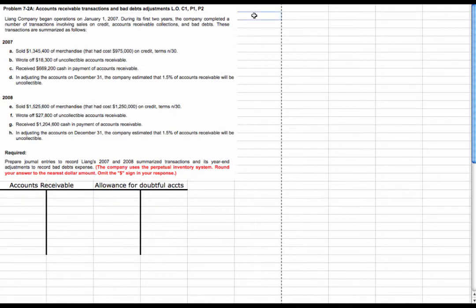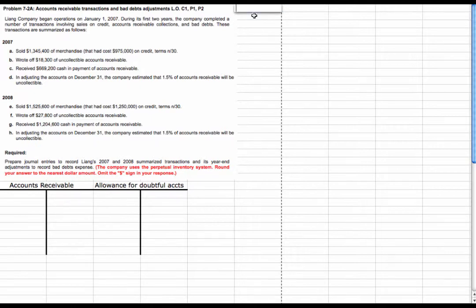So the very first entry says they sold $1,345,400 worth of merchandise at a cost of $975,000. Typically, if you see a problem like this, when they give you the cost, the assumption is that they're using the perpetual inventory method. So what we need to do is a journal entry that recognizes that we have sold $1,345,400 in merchandise.